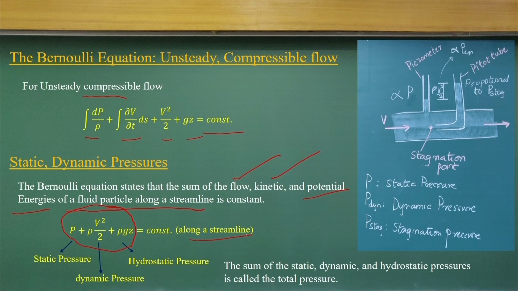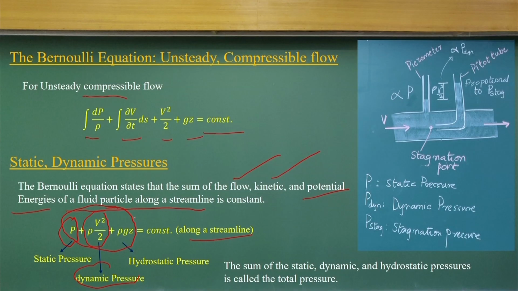Now, in terms of pressures, one is the static pressure, that is the pressure acting on these fluid particles. Another is the dynamic pressure because of the velocity components. Please remember this rho v square by 2, which we used when computing the drag force.